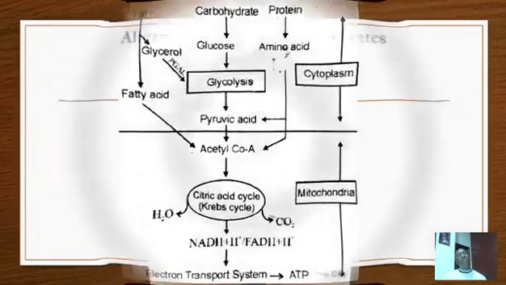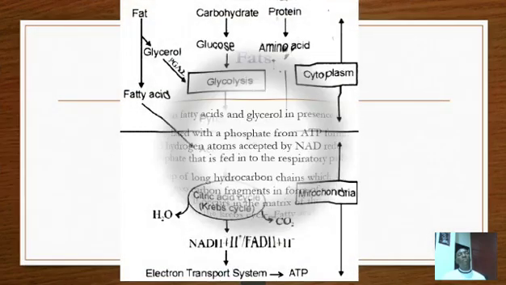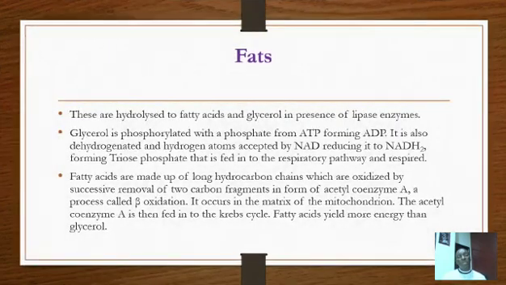Therefore, when we talk of the alternative respiratory substrates, we are basically referring to the fats and proteins. The fats we've seen hydrolyzed into fatty acids and glycerol, and the details just like we have explained.